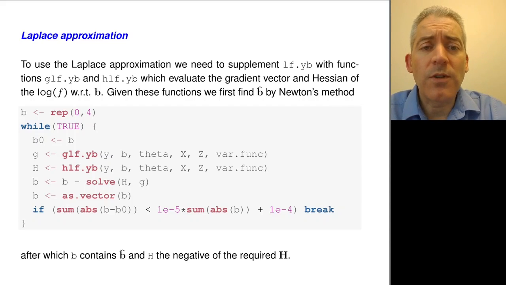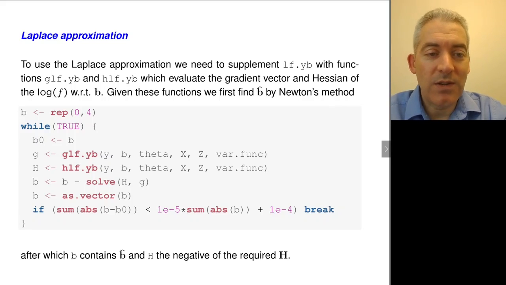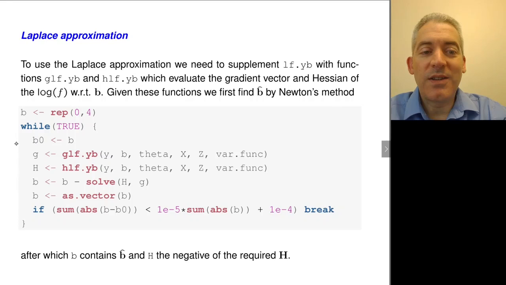Okay, so given some functions for evaluating the gradient and the Hessian, we could give a very simple implementation of a Newton method here. This is not a particularly sophisticated or robust implementation of Newton's method, but it gets the job done. We start off with an initial guess at B. We evaluate the gradient using this gradient function. We evaluate the Hessian using the Hessian function.